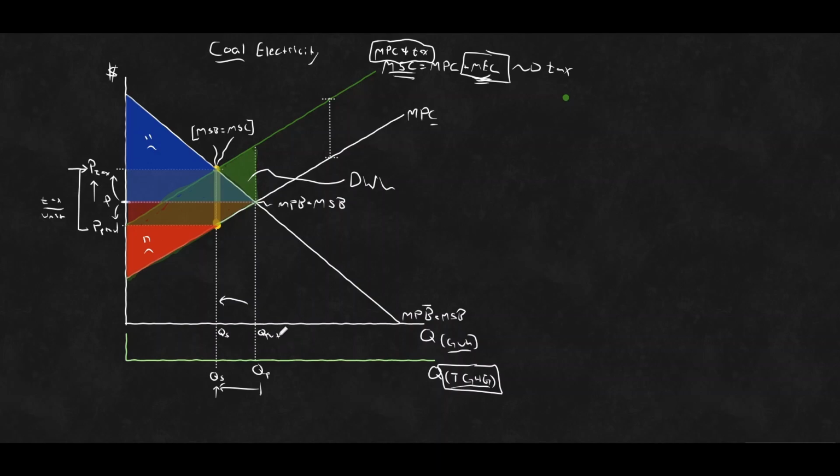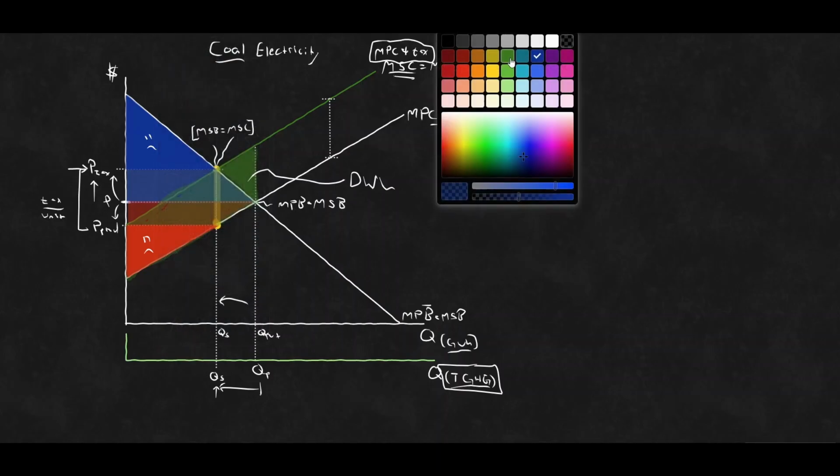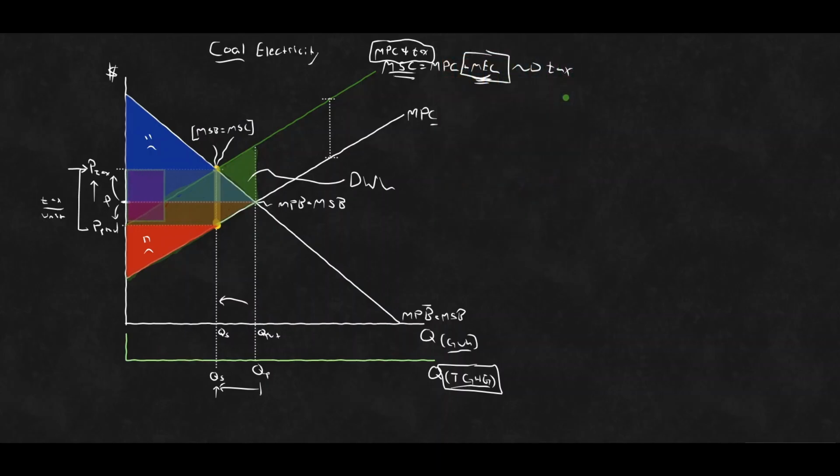However, we've now introduced government. This introduction of government is going to be this area here. And let's use magenta for government. They're now collecting this amount of tax revenue from this carbon tax, which is ultimately just being used to compensate all of those extra costs that we were previously facing.